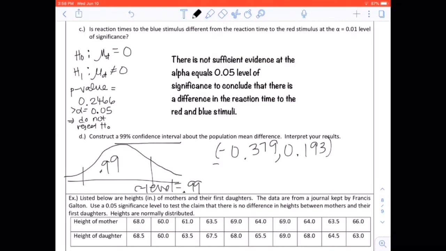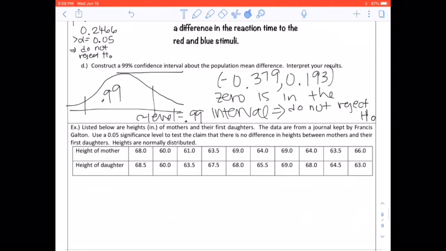And since 0 is in the interval, since one is positive and one is negative, that means that we do not reject H0. The next example that is on here, we will circle and we will work on that one together in class.